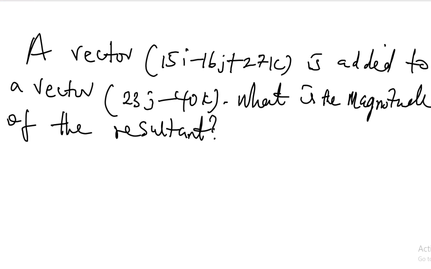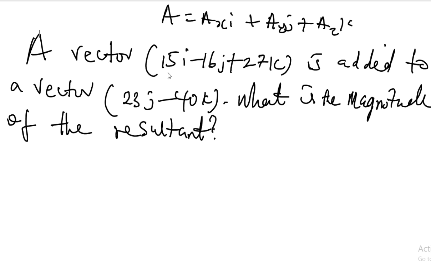We have that a vector 15i minus 16j plus 27k is added to a vector 23j minus 40k. What is the magnitude of the resultant? The resultant is just the addition of this and this. This is a 3D vector which we can represent as AXI plus AYJ plus AZK.